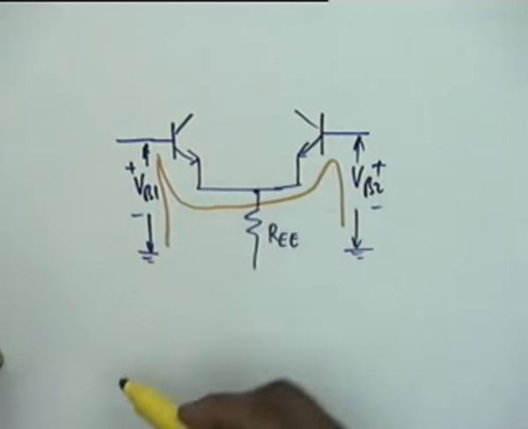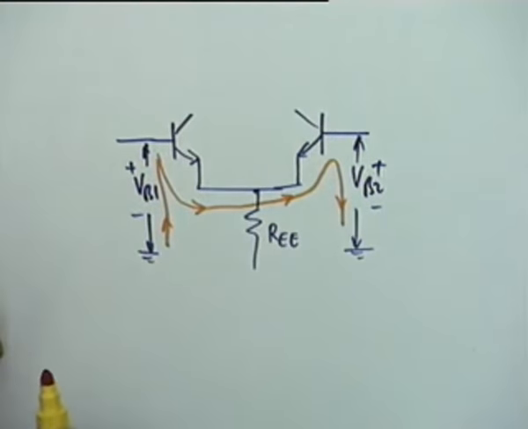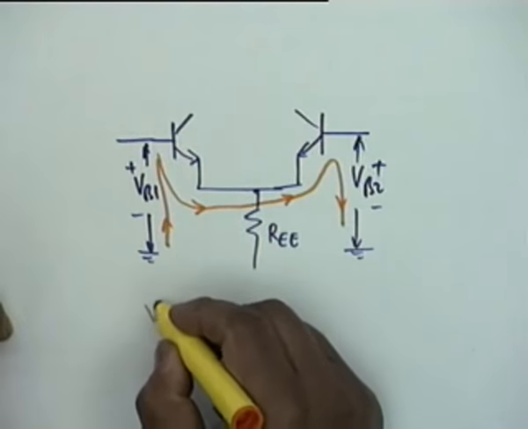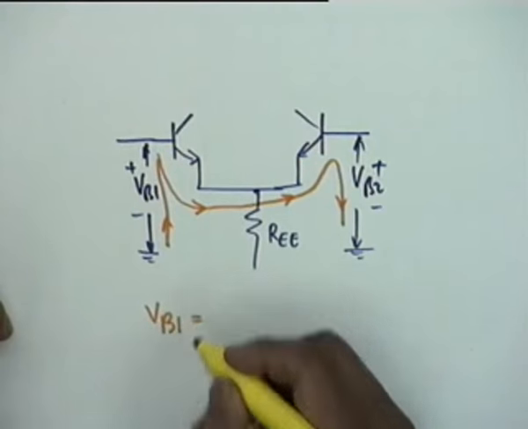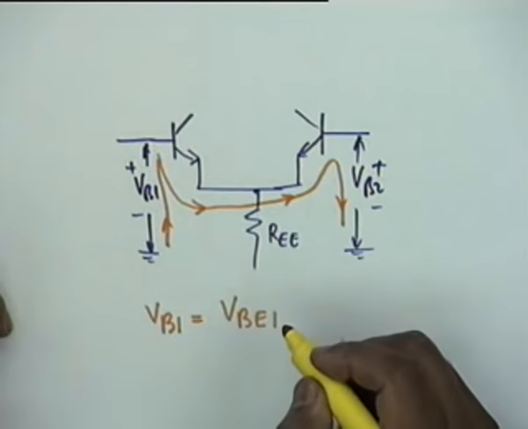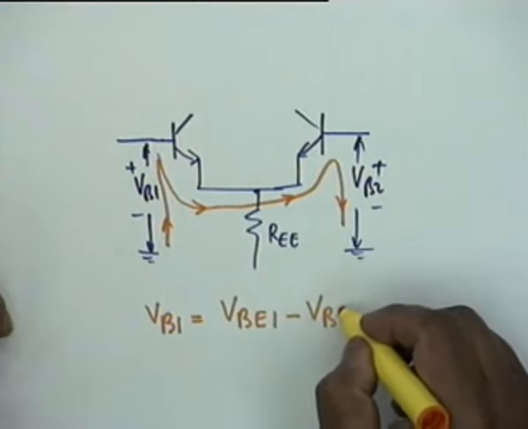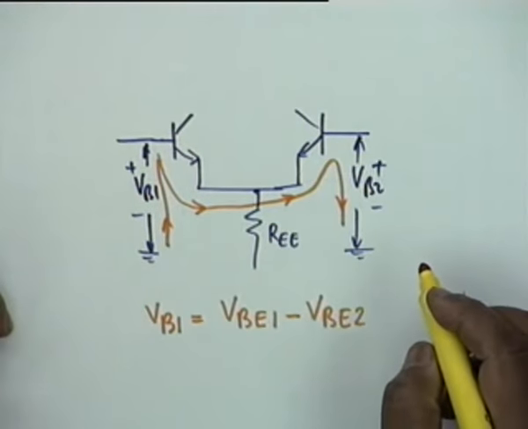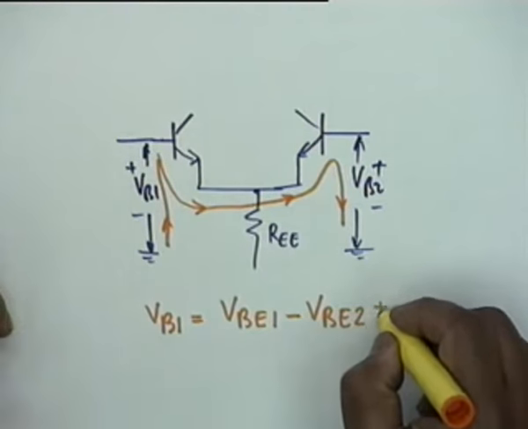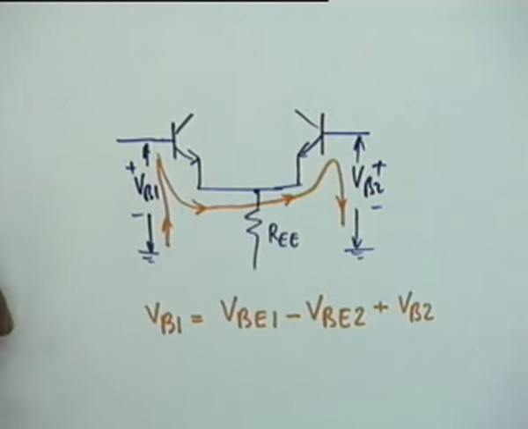I want to come from ground and go like this, ground to ground. So I made a complete loop. In other words, I can write a KVL. And you notice that VB1 would be equal to VBE1 minus VBE2 then plus VB2. Agreed? Is that clear? Yes. Okay.